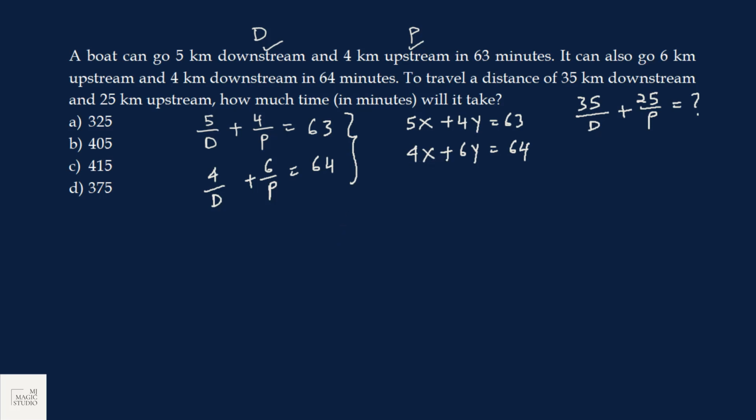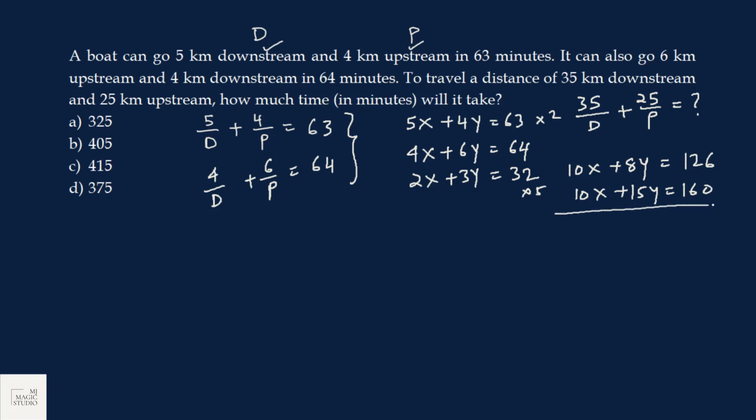Or 2x plus 3y equals 32. If I multiply this by 2, 10x plus 8y is 126, and this by 5, 10x plus 15y equals 160. Subtraction, 15 minus 8 is 7y equals 34.